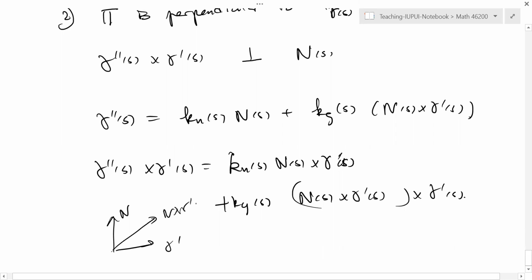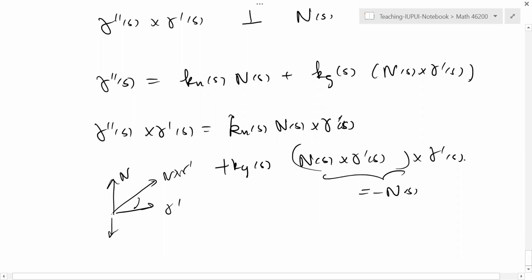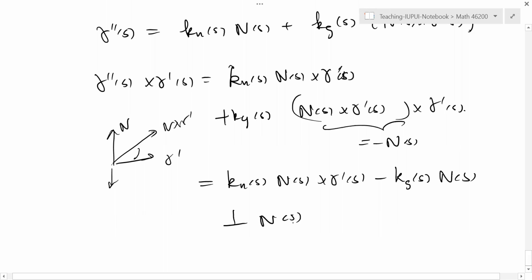Then you do the cross product between those two again, so you actually get the negative N. But we know that this is perpendicular to N_s, which implies k_g must be 0. So that's why it's a geodesic.